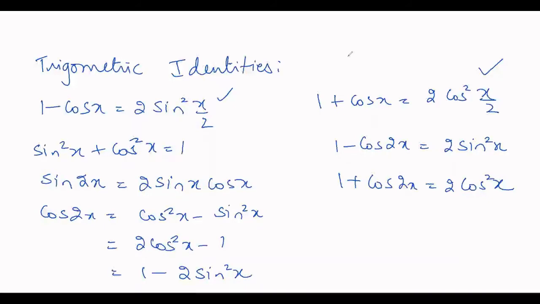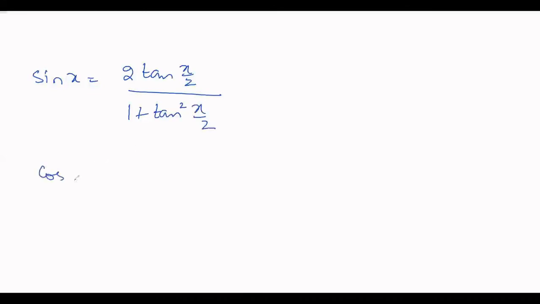And next, also we'll note this in half angle form. Sin x is equal to 2 tan x by 2 divided by 1 plus tan squared x by 2. Also, cos x is equal to 1 minus tan squared x by 2 divided by 1 plus tan squared x by 2.